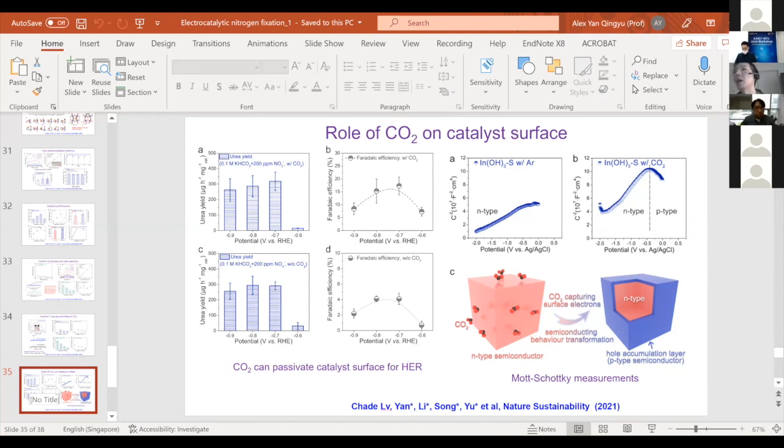We find hydrazine, ammonia, and hydrogen. But for carbon dioxide, the product is quite limited. No formate product was found. Yes, it is something interesting. We will explore it further. Thank you.